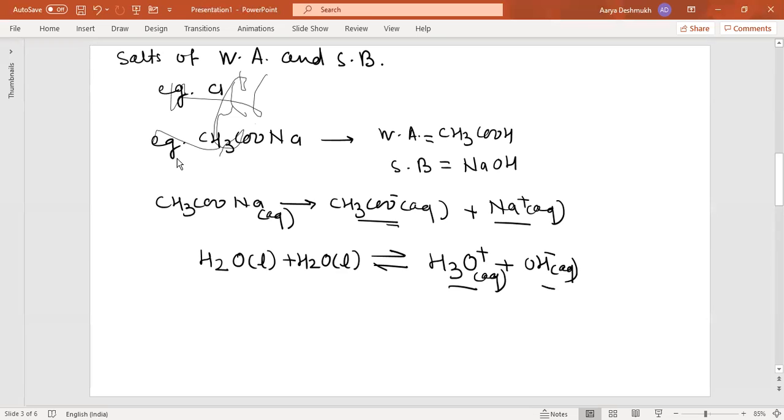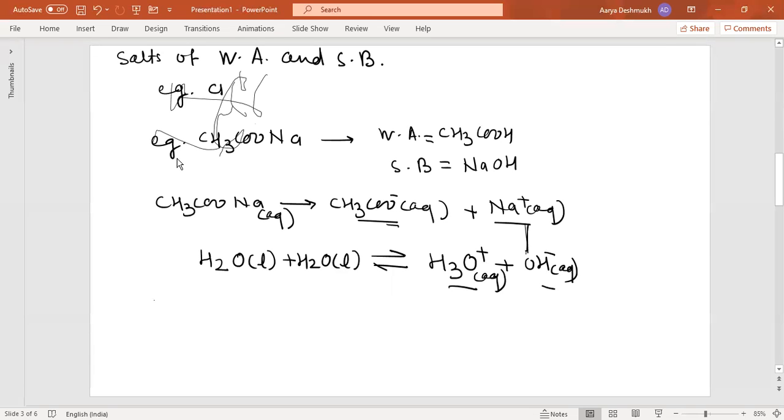Now the sodium ions of the salt have no tendency to react with OH minus ions of water, since the possible product when these two combine is NaOH, and it is a strong electrolyte. If the strong electrolyte is formed, that will again dissociate as Na plus and OH minus ion.